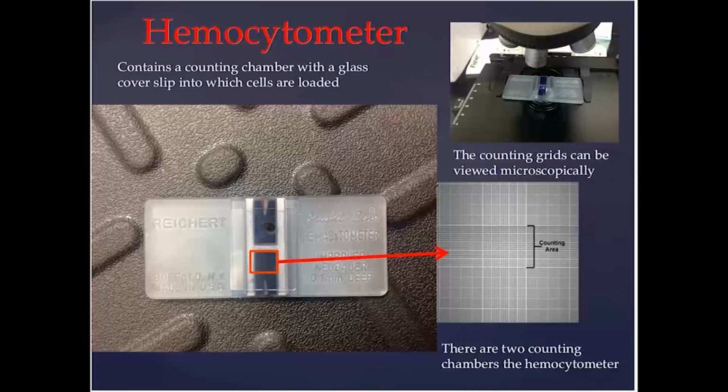Now, when you take this hemocytometer and place it under a microscope and use the scanning objective, or the 4X, this is what you will see through the eyepieces. You will actually see a grid that has been etched into the glass. These are lines that have been drawn onto the glass or etched in there. And if you look at these really carefully, you'll see that there are 9 counting squares or counting areas, sort of like a tic-tac-toe grid.